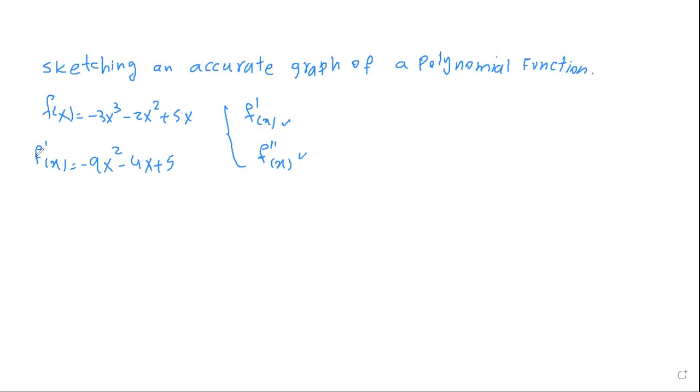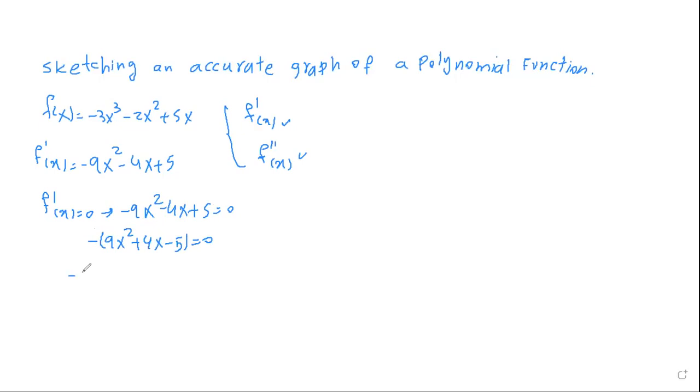And then if we say f prime x equals 0, then we have negative 9x squared minus 4x plus 5 equals 0. Then negative 9x squared plus 4x minus 5 equals 0.